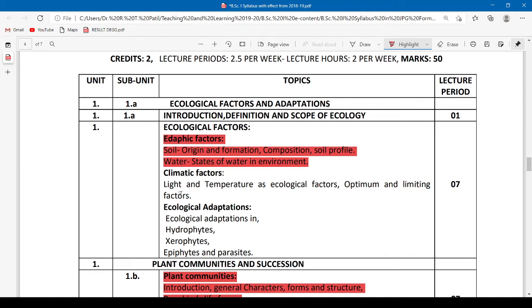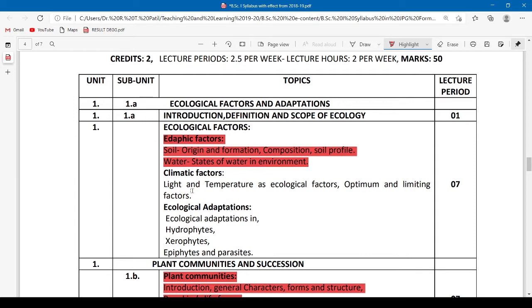But the chapters which are considered for the examination are climatic factors, and in that, which climatic factors? Light and temperature as ecological factors, then optimum and limiting factors.